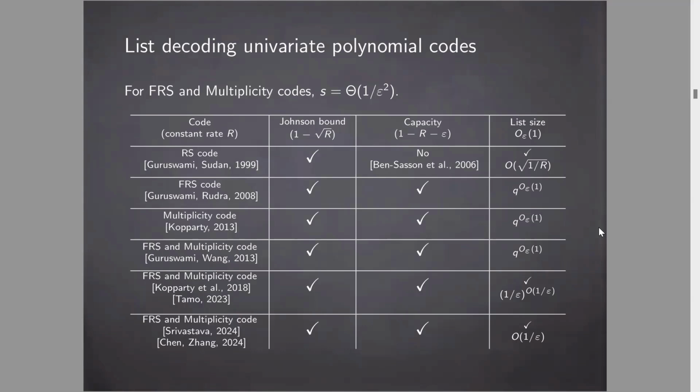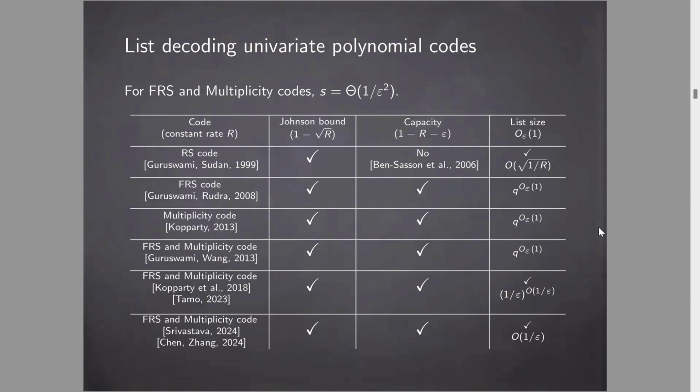In fact, this result says that such Reed-Solomon codes cannot be list decoded up to any radius that is significantly beyond the Johnson bound. So the Johnson bound is really almost the limit of efficient list decodability. And in this case, the list size turns out to be a constant that is dependent only on the rate.